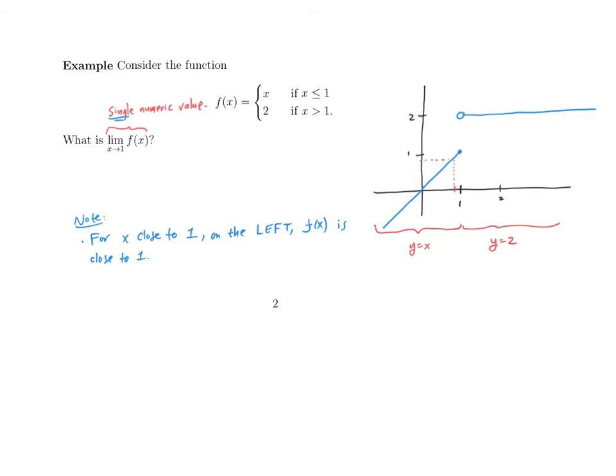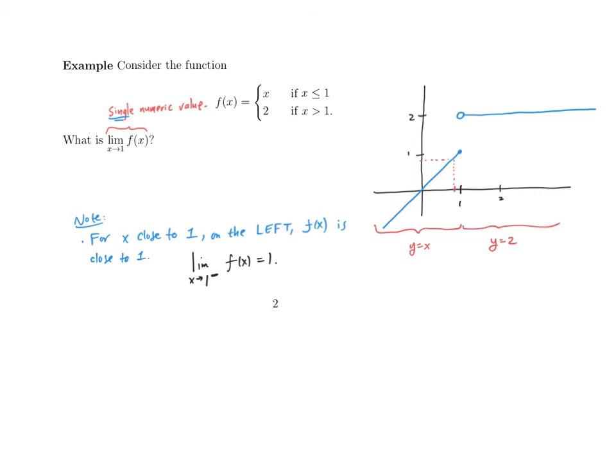And what this is getting at is the idea of a one-sided limit. So the limit as x approaches 1 from the left of f of x equals 1.